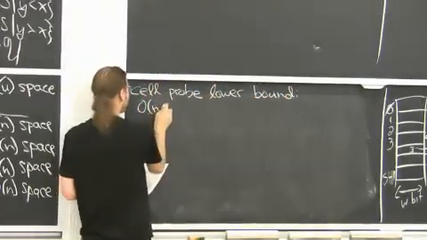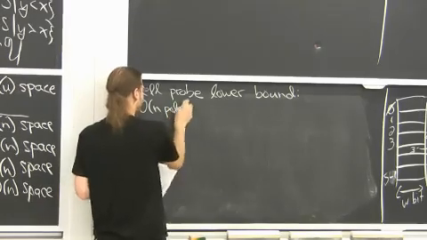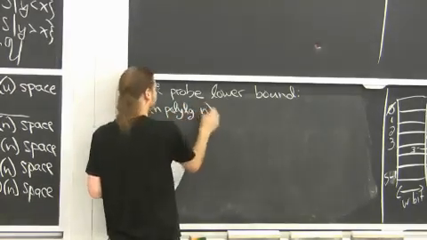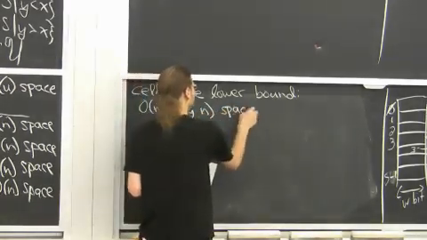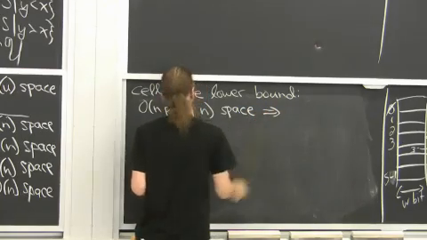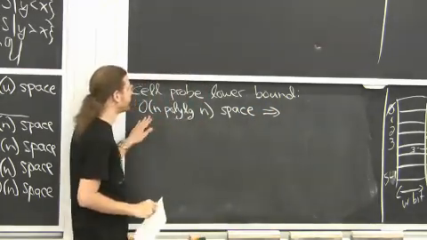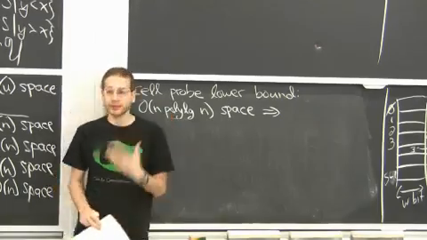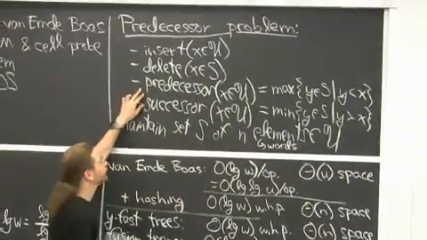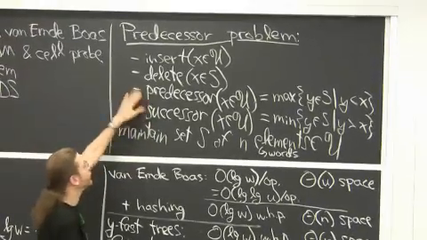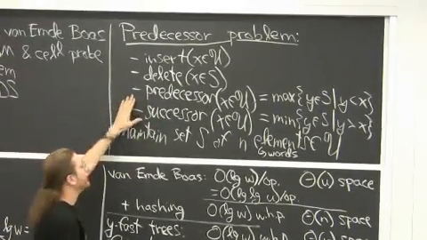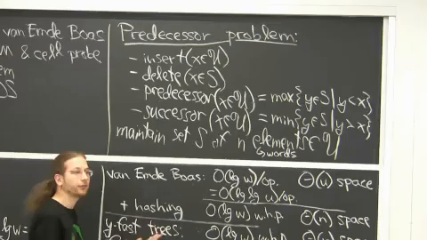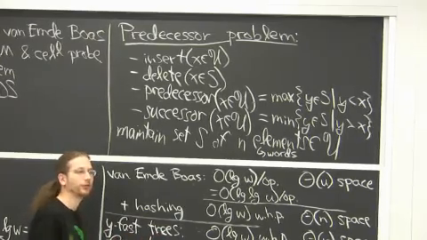This lower bound's a little bit messy to state. The bound is slightly more complicated than what we've seen. But I'm going to restrict to a special situation, which is if you have n polylog n space. So this is a lower bound on static predecessor. All you need to do is solve predecessor and successor, or even just predecessor. There's no inserts and deletes. In that case, if you use lots of space, like U space, of course you can do constant time for everything.